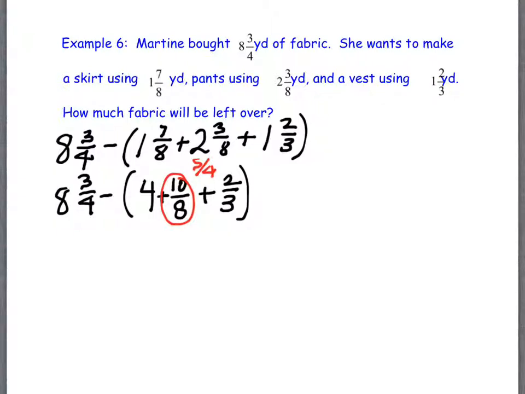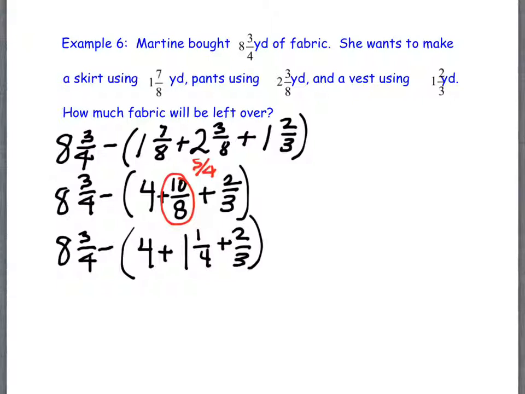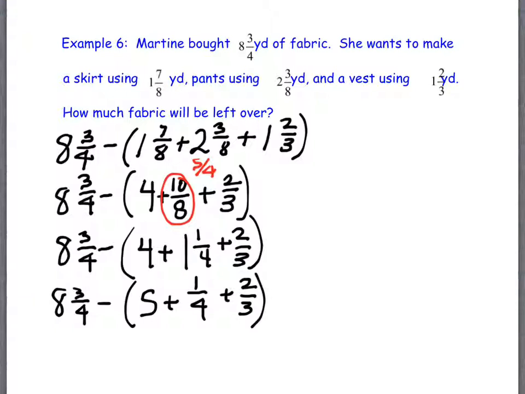So if I want to do that direction, which I think is a good choice, we'll do 8 3/4. I have 4 plus 1 1/4 plus 2/3. So I have my 8 3/4. And now I have 5 plus 1/4 plus 2/3. So far, so good?